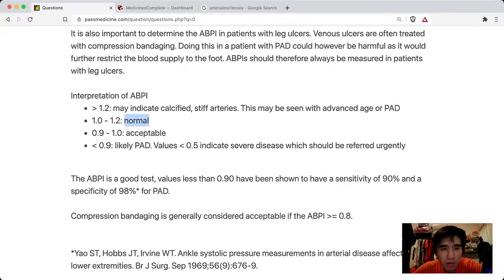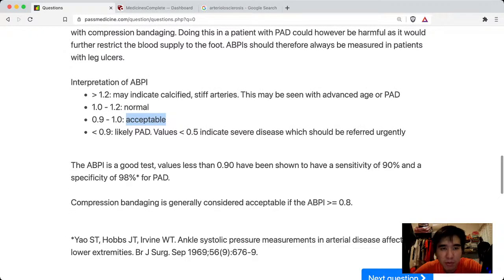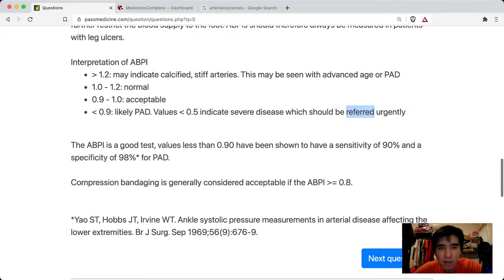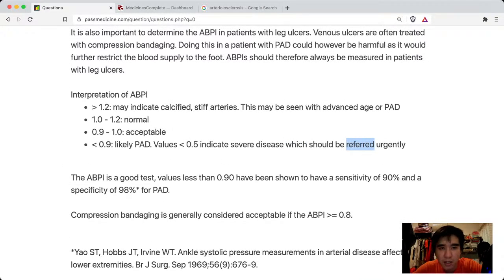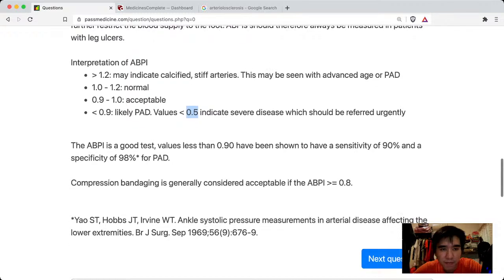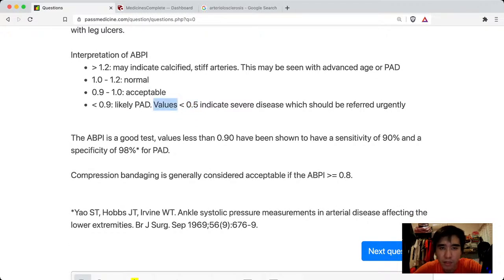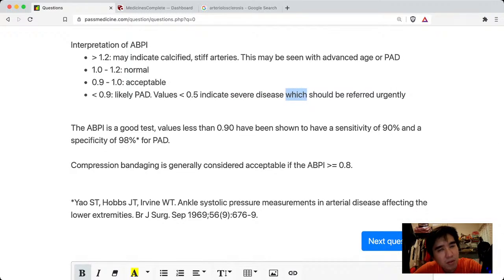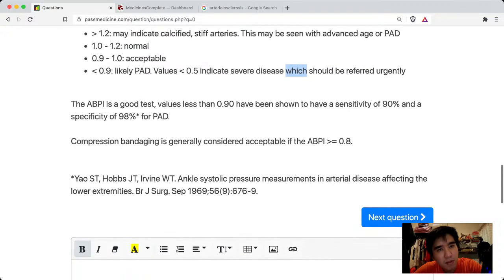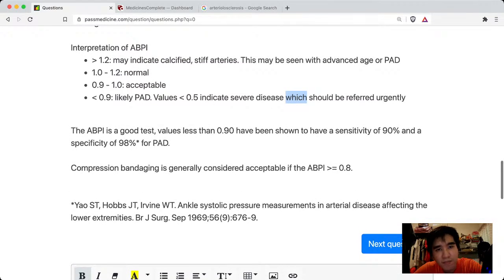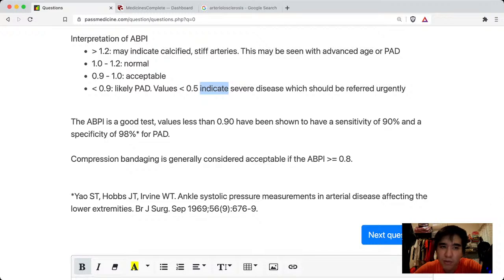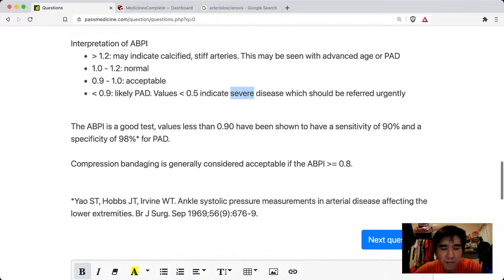1 to 1.2 is normal, 0.9 to 1 is acceptable, less than 0.9 is peripheral arterial disease, less than 0.5 severe disease. Different websites have different ranges for ABPI. Some say less than 0.3 is severe, 0.3 to 0.5, 0.5 to 0.8 is moderate, I think.